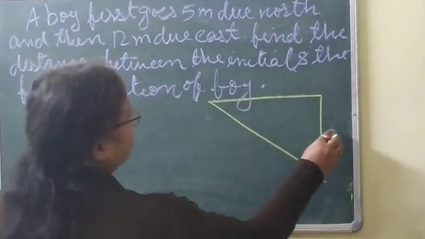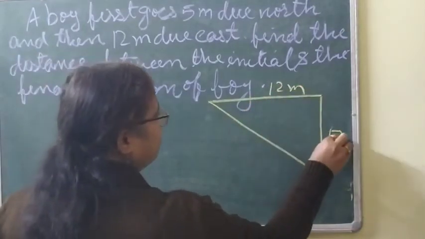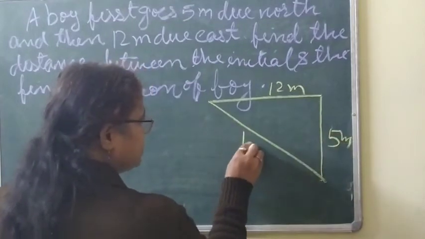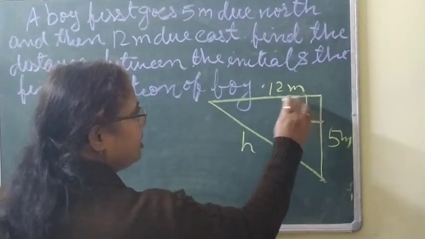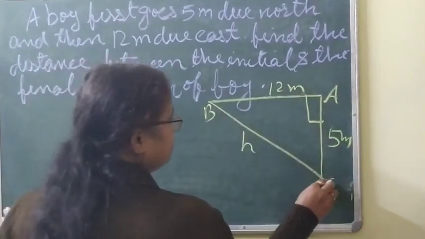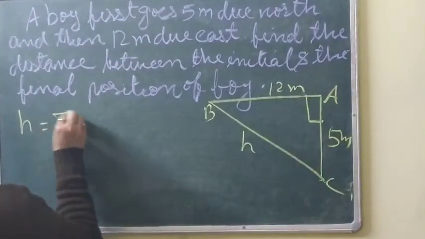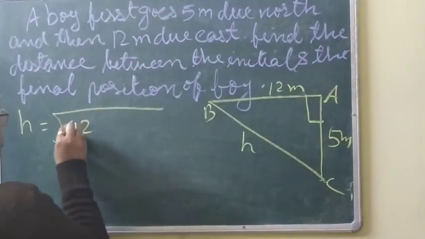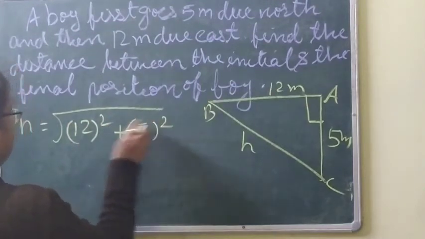Okay, so now this is 5 and then 12. This one is 12 meters. We have to find out this distance. Of course this is perpendicular. Here is A, here is B, here is C. So simply we can write H is equal to the square root of the square of 12 plus the square of 5.